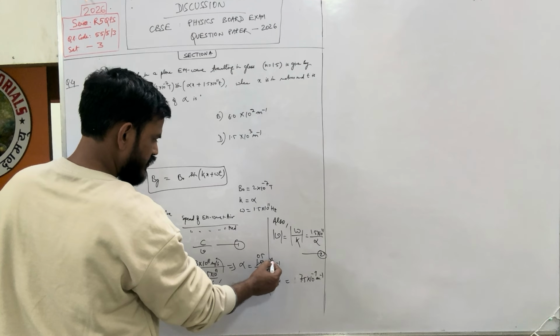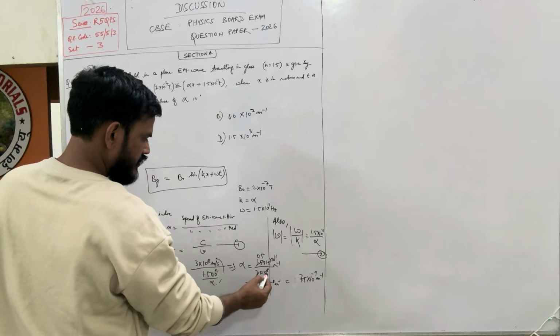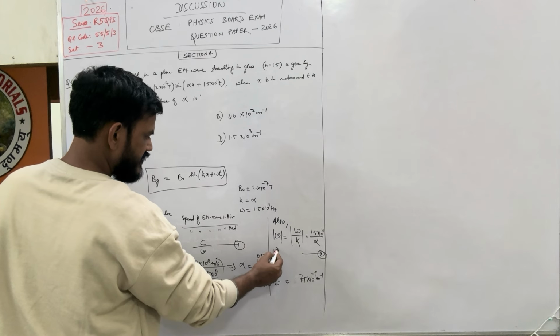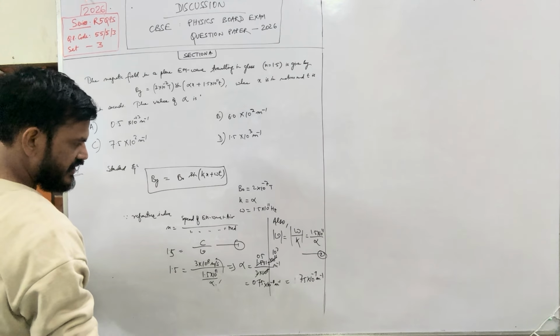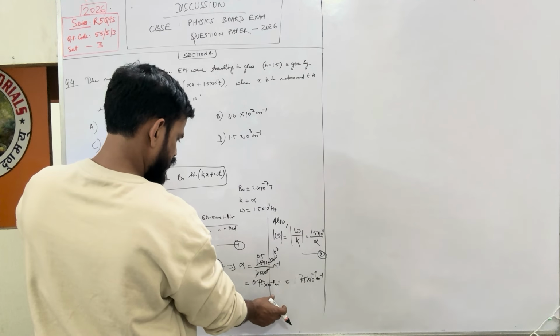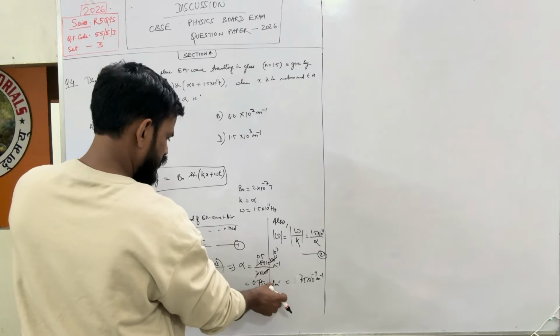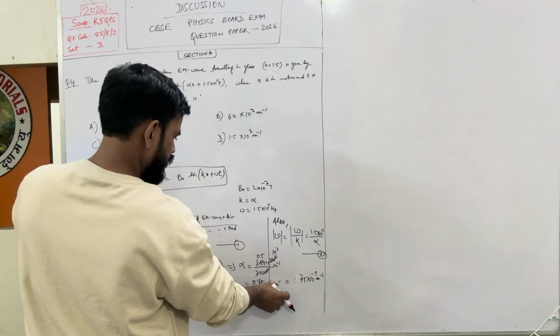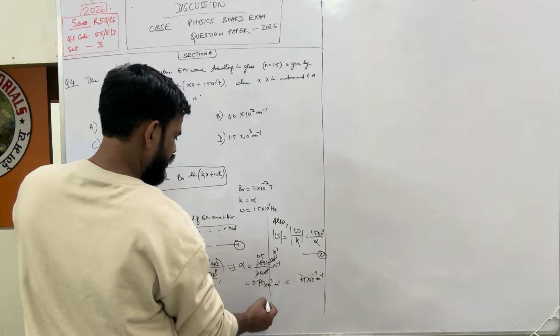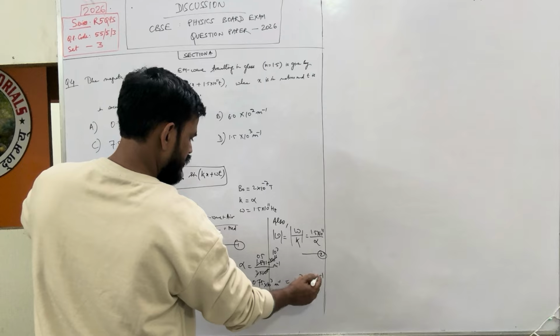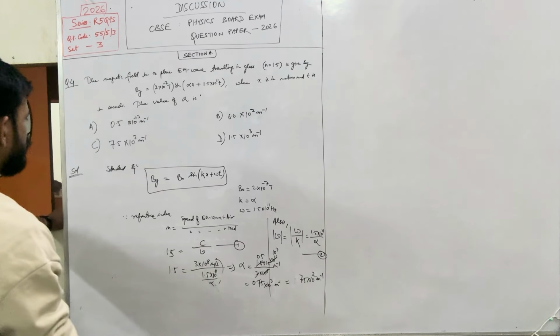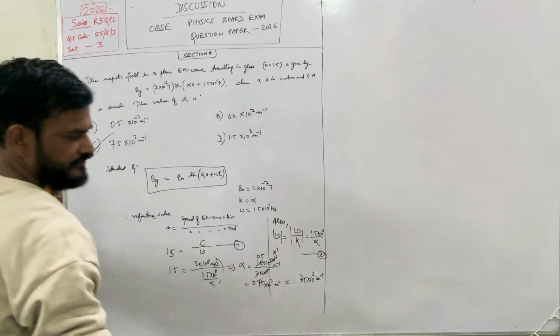So it should be 10 to the power 11, and when it gets cancelled, it should be 10 to the power 3, and if you solve it, 10 to the power 2. So the correct option is C.